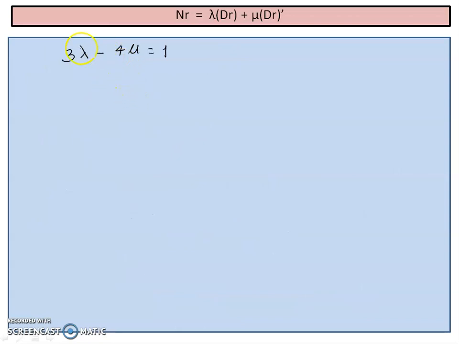So 3 lambda minus 4 into 2 upon 25 is equal to 1. So 3 lambda will be equal to 1 plus 8 upon 25, that is equal to 25 plus 8, 33 upon 25. So lambda I get as 11 upon 25.